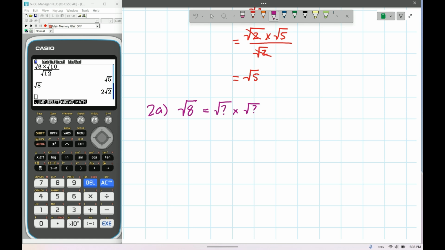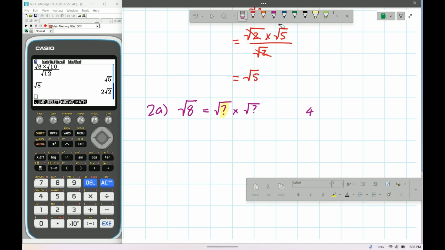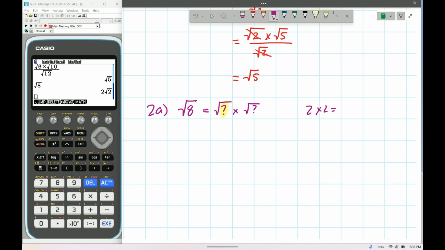The key thing is that at least one of those numbers needs to be a square number. It could be 4, because 2 times 2 equals 4, or 9, because 9 is 3 times 3, or 16, because 4 times 4, or 25, because it's 5 times 5.